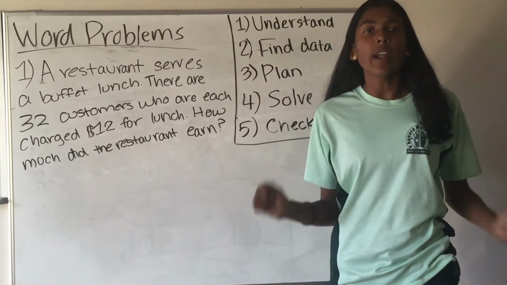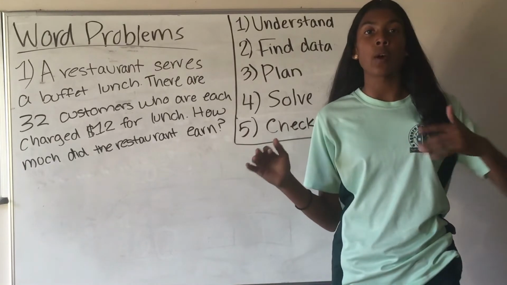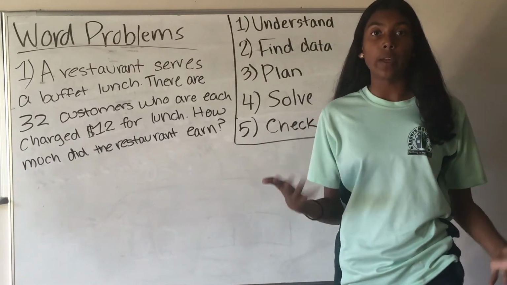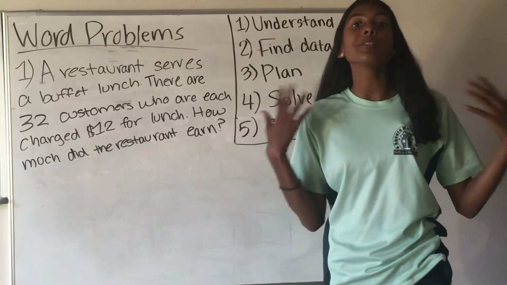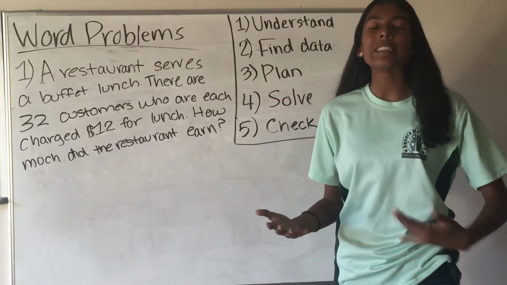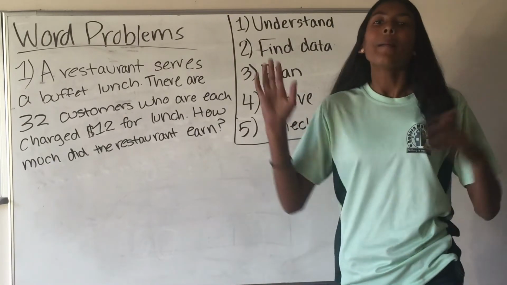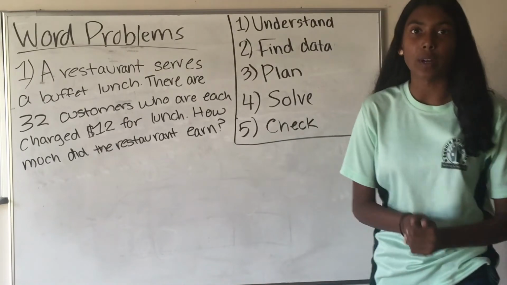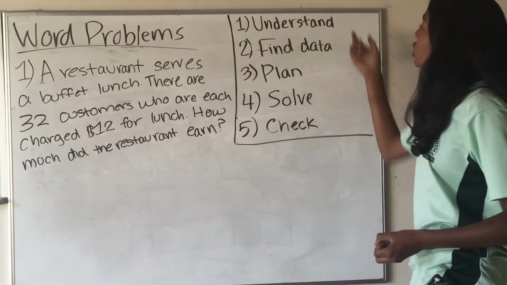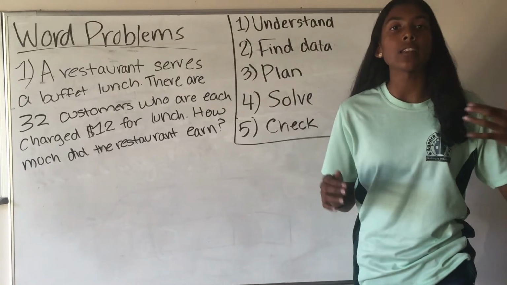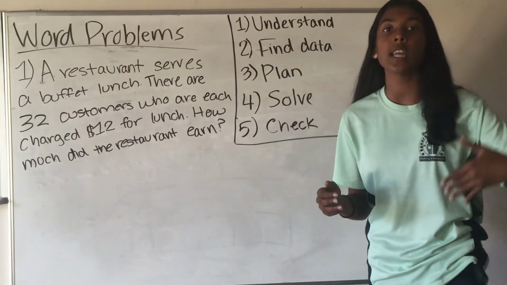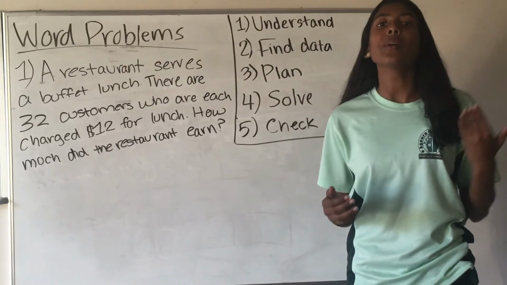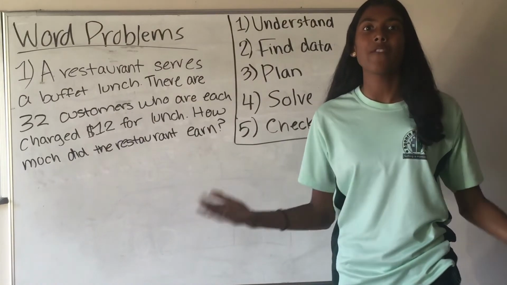So for any word problem, there are 5 steps that we have to go through to do it. When you get older, you'll be able to do it on instinct. But anyways, let's go through those steps real quick. The first step is to understand the problem. If you don't understand what the problem is asking, you don't know what to do and you can't do any of the steps that follow.